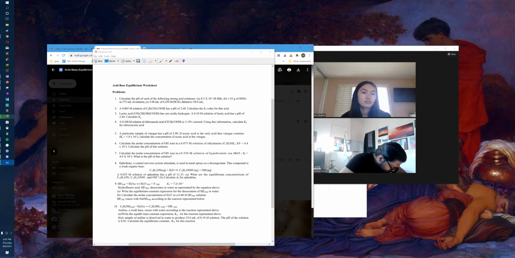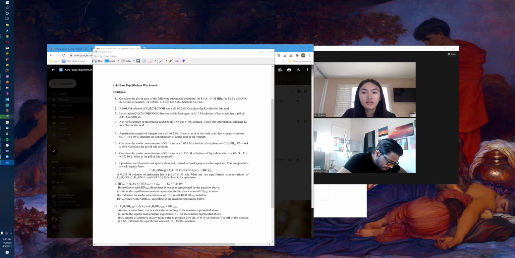Let's see, B. 1.52 grams of HNO3 in 575 milliliters of solution. Okay, this involves another step. So walk me through this. You would convert the grams and the liters to get molarity.